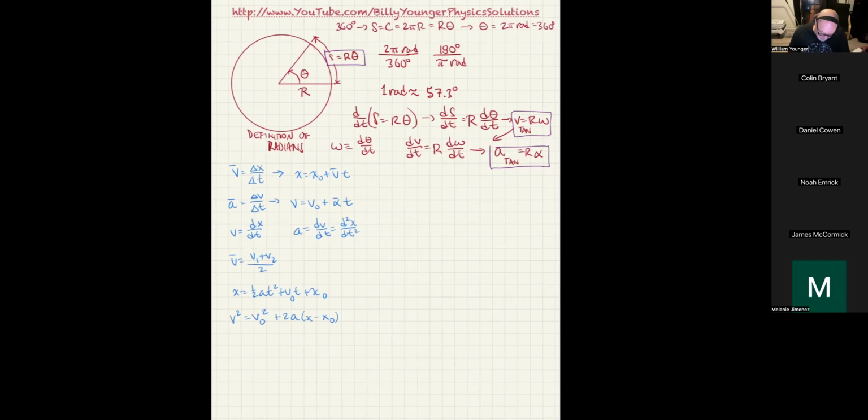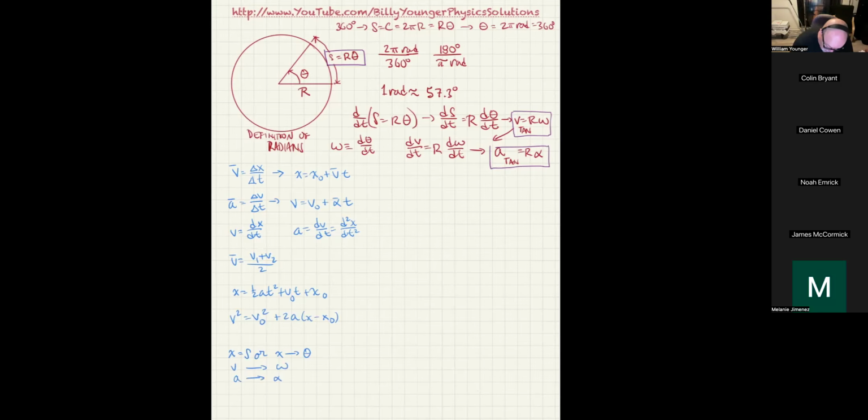Now, if we notice something that is very helpful here, for instance, one thing we can say is x is going to become either s or x is going to go to theta. In other words, theta is going to play the exact same role as x in rotational motion. There is a time where x will play the role of the arc length too, but we'll leave that be for right now. We also know that v is going to become omega, and we know that a is going to become alpha.